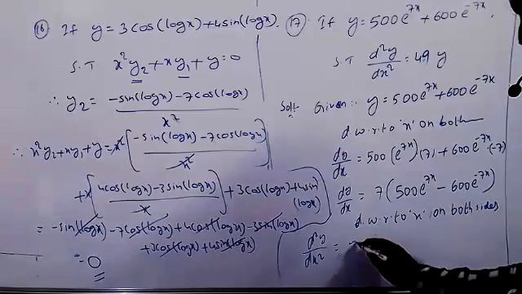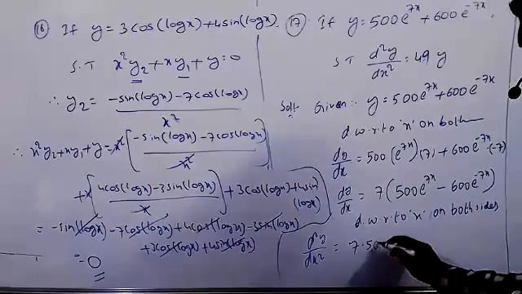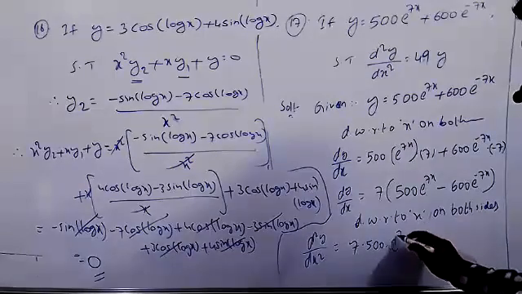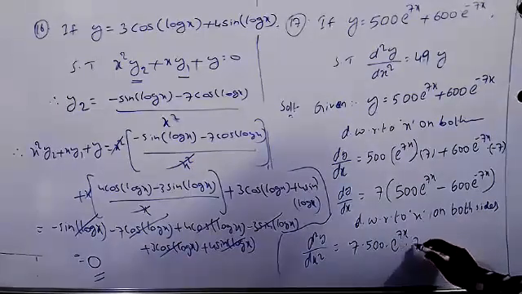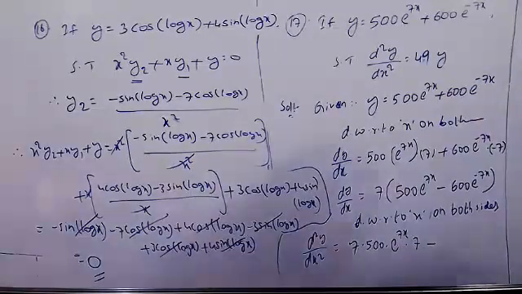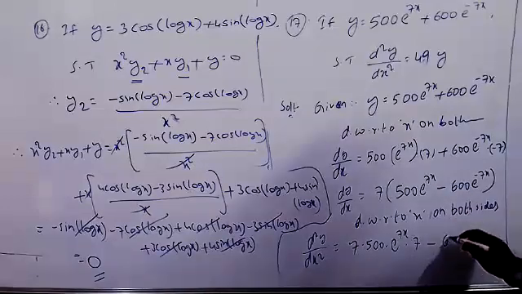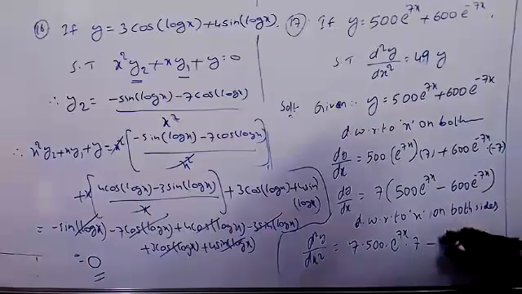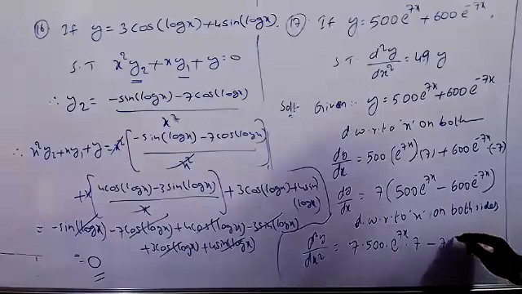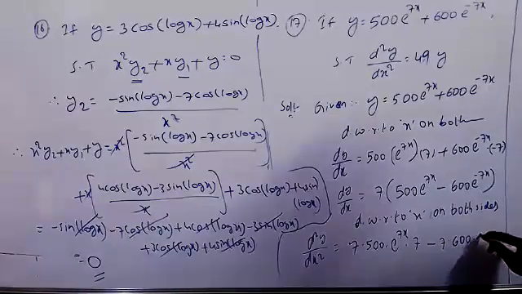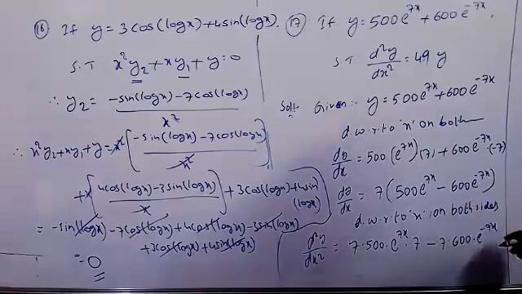So you will get now 7 into 500 into e power 7x into 7 again, minus this one you can write now 7 into 600 into e power minus 7x, and differentiation of minus 7x equal to minus 7.